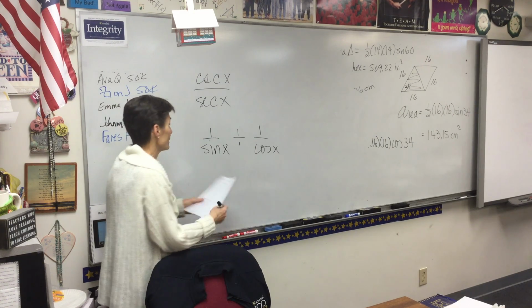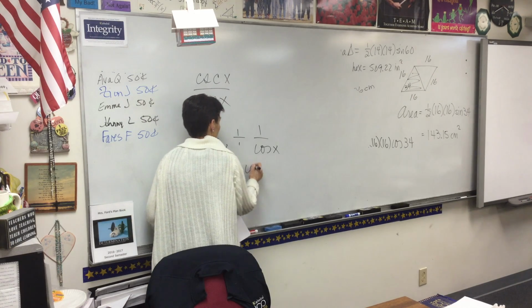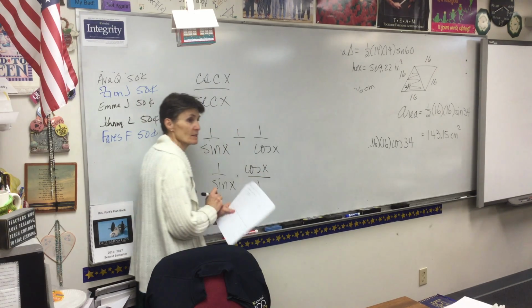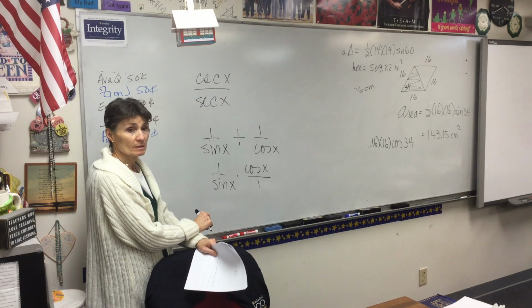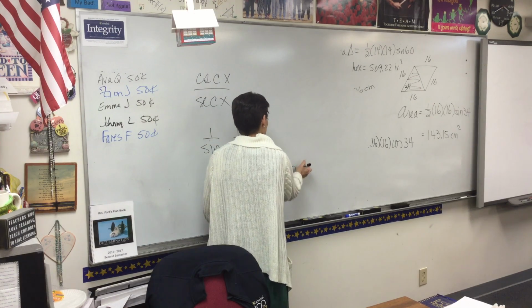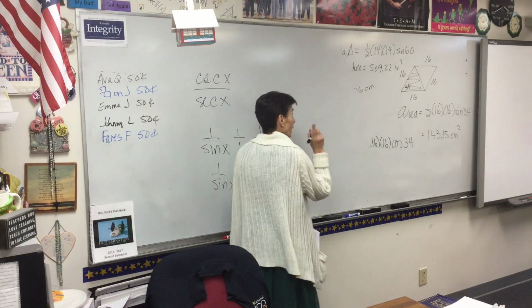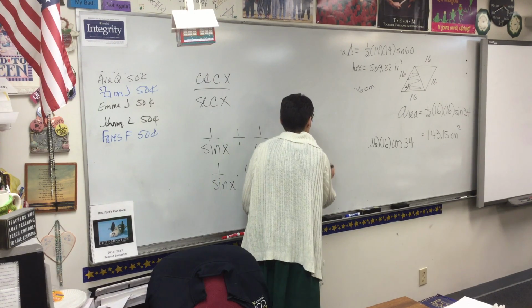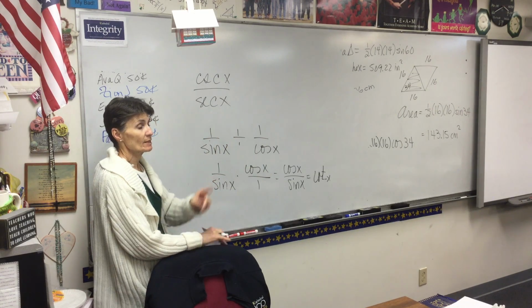So we turn the second one over, right? Now nothing cancels, so straight across would give me cosine over sine, which is what? Cotangent, yep. So that simplifies to cotangent.